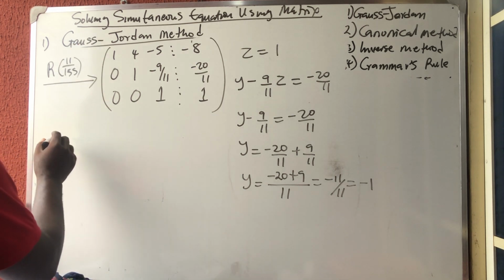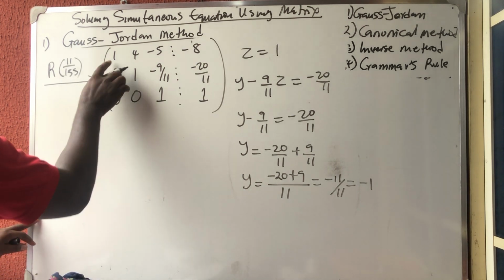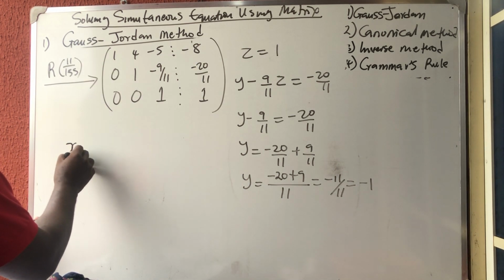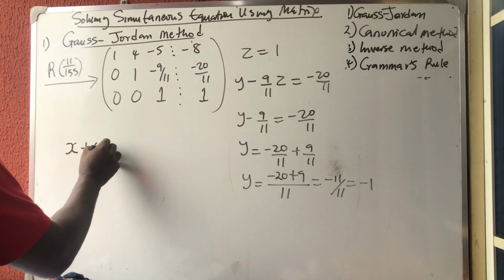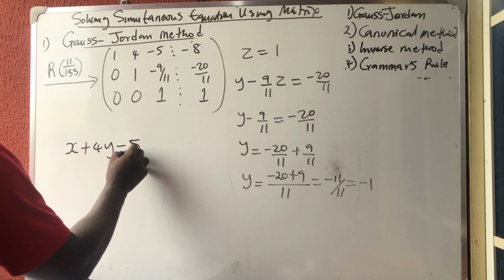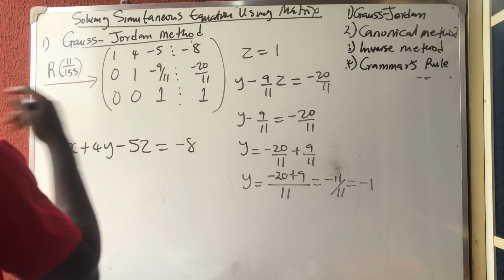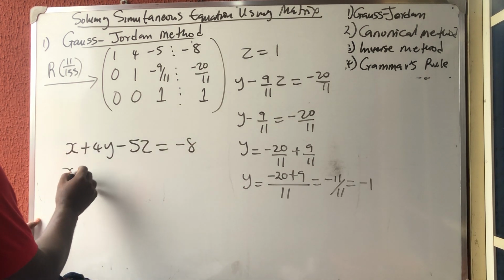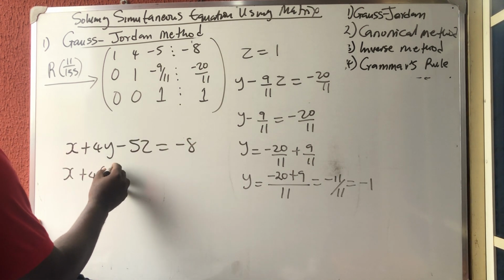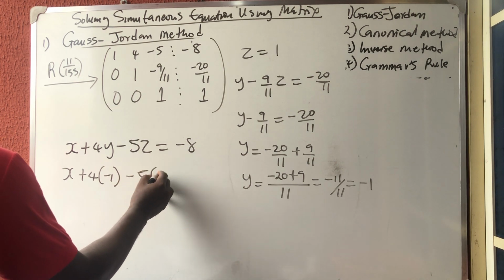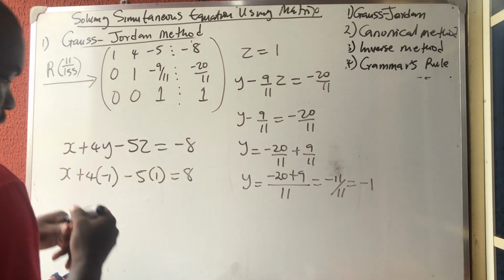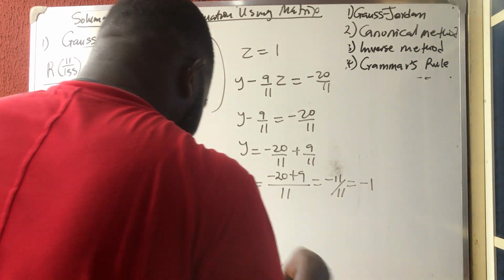So to get my x now, the first equation is x plus 4y minus 5z is equal to minus 8. So let us put everybody in. x plus 4 bracket minus 1 minus 5 bracket 1 is equal to minus 8. So what do we have now?